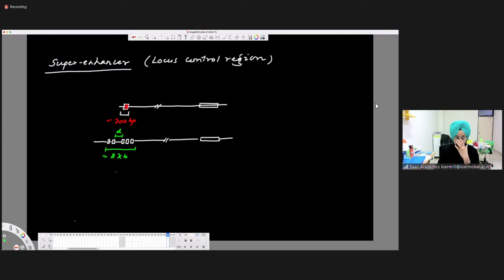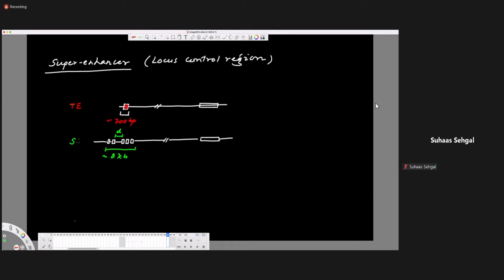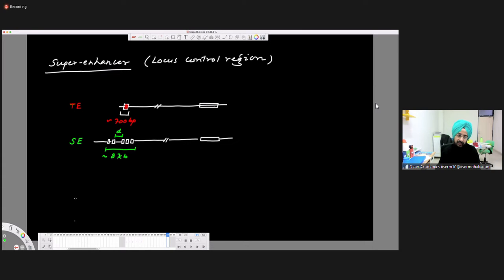And so this is what we call a typical enhancer. What does a typical enhancer look like? Enhancer TE, and this is your super enhancer. So this is the structural difference, and the epigenomic difference is the following.